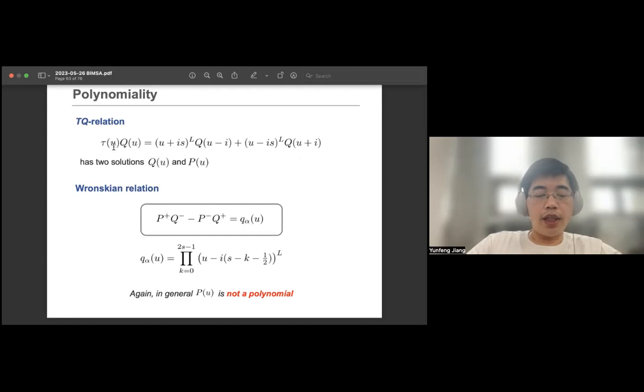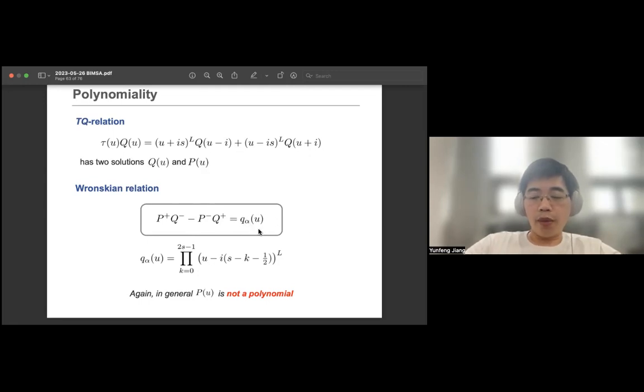So again, let's come to the TQ relation in the higher spin case. In this case, the TQ relation, if you view it as an equation for Q, also has 2 solutions, the QU and the PU, which are the dual solutions. And the QU and PU satisfy the Wronskian relation, which is very similar to the spin 1/2 case, but the right-hand side is changed to this Q alpha.